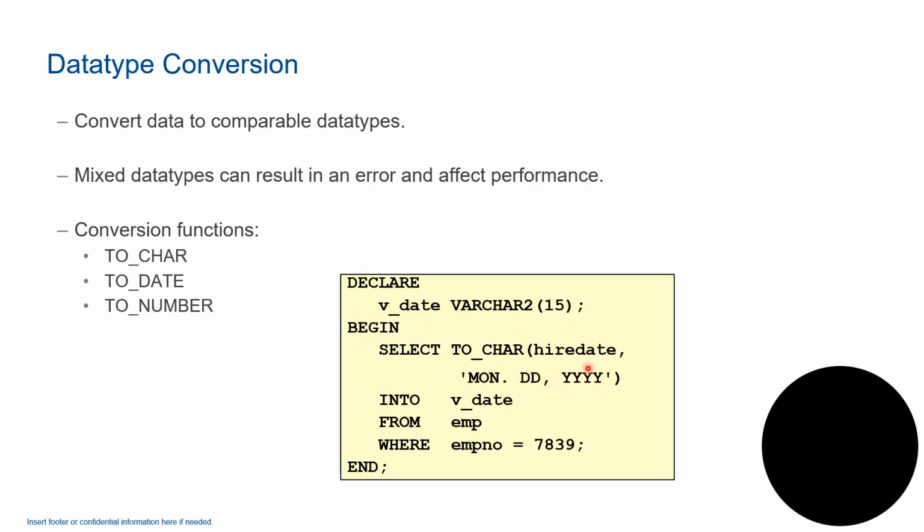It is of character type, and we are extracting the date into v_date. You can see we are converting the date, hire date, into character and then storing it in v_date. So we have the conversion functions TO_DATE, TO_CHAR, and TO_NUMBER.